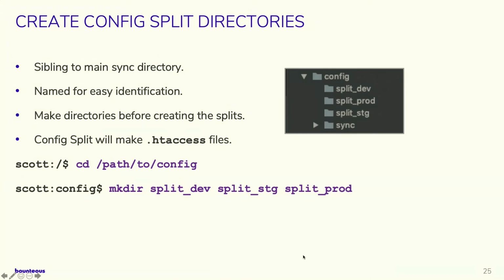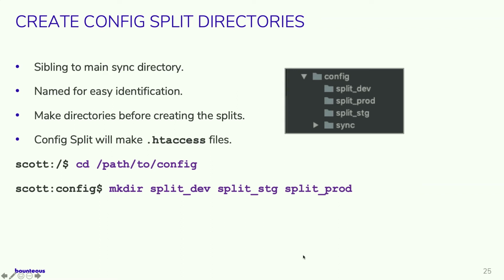Then we're going to create the config split directories. One of the big things is it needs to be a sibling to your main sync directory. So by default, this is your sync directory, and then you create a sibling directory for each of the splits. I name them split underscore dev, split underscore stage, and then prod, just to make it very apparent which one it is.